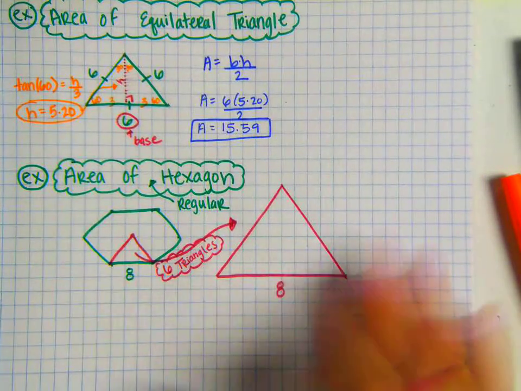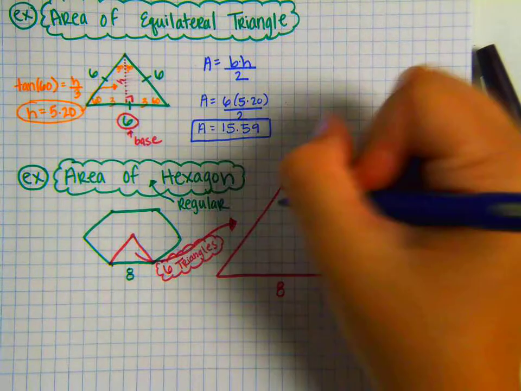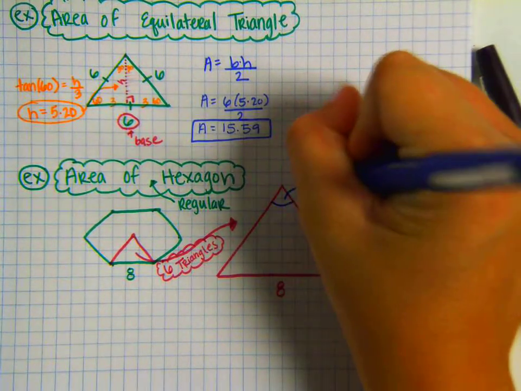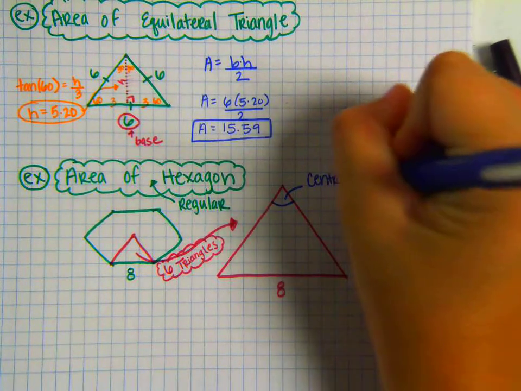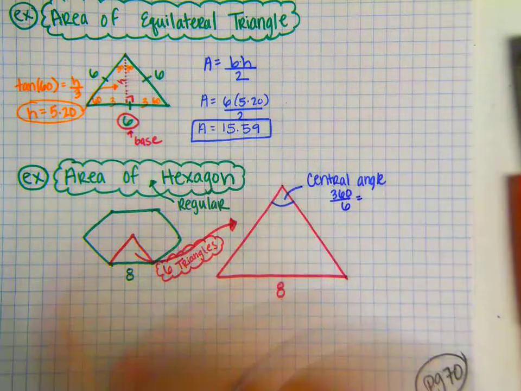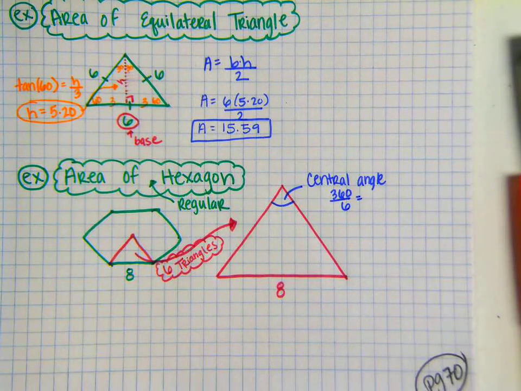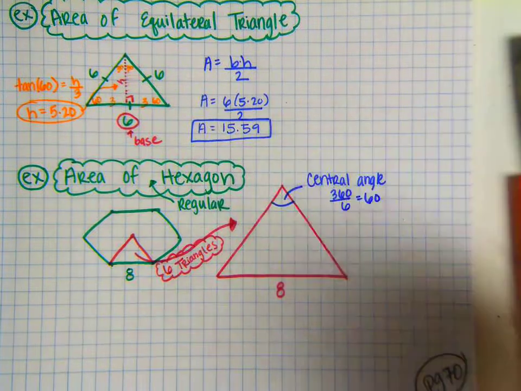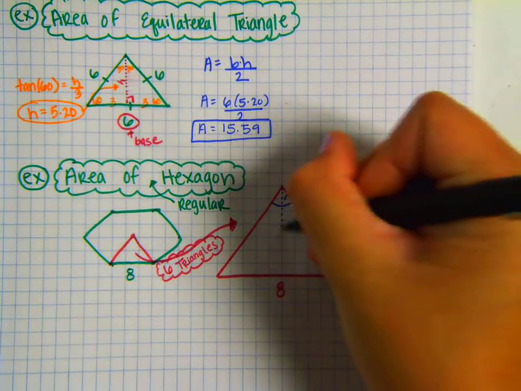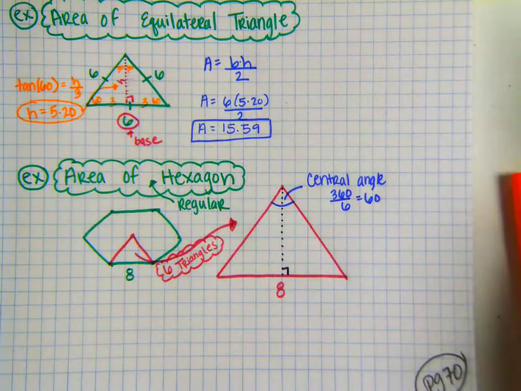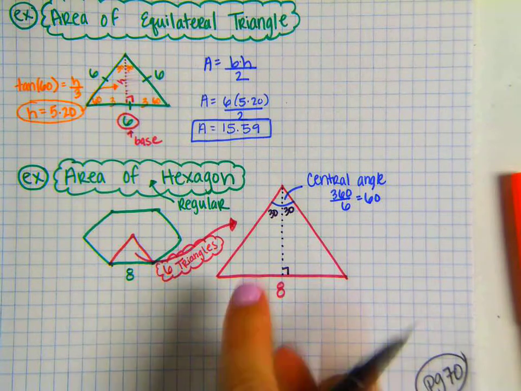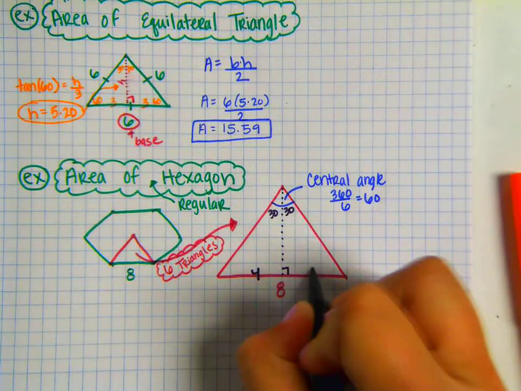So I have this triangle. Now I'm going to find my central angle by doing 360 divided by 6, or the number of sides, and I get 60. And then when I drop that height down, it cuts it in half, so we have a 30 degree and a 30 degree. This also cuts in half, so we have 4 and 4.